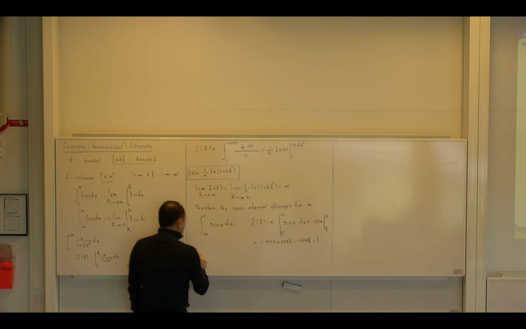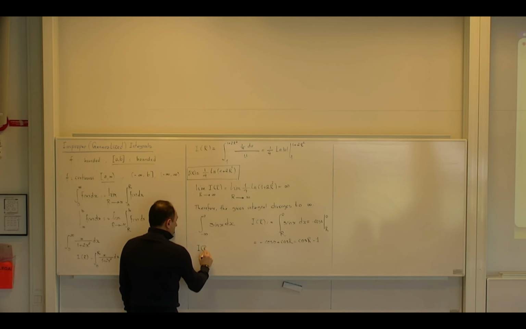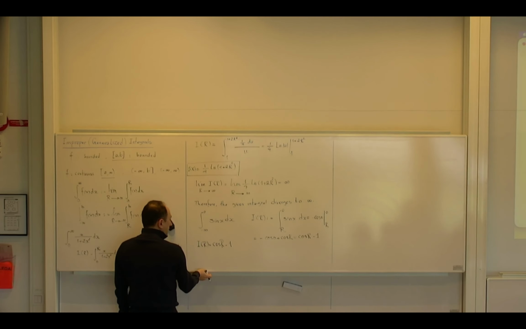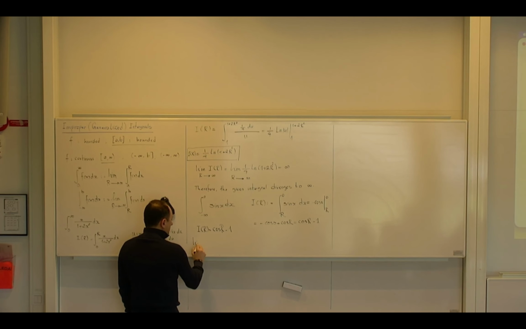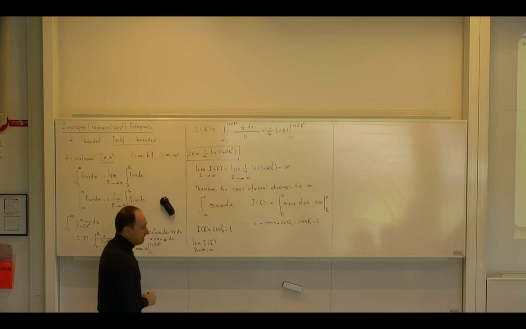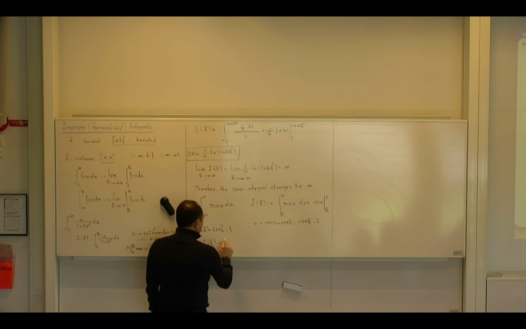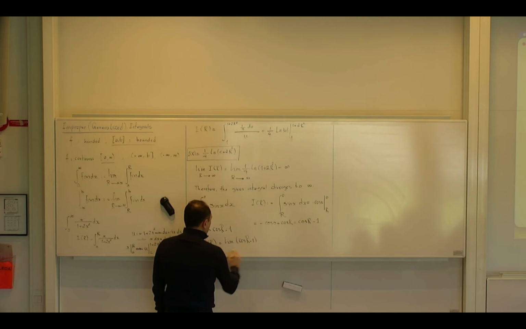So this means that the function I have is cosine r minus 1. And then I have to take the limit. So I calculate the limit of r goes to negative infinity. Yes? Okay, so this becomes the limit of cosine r minus 1, r goes to minus infinity.